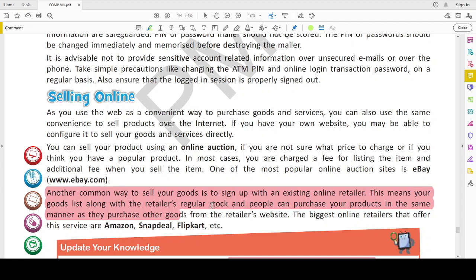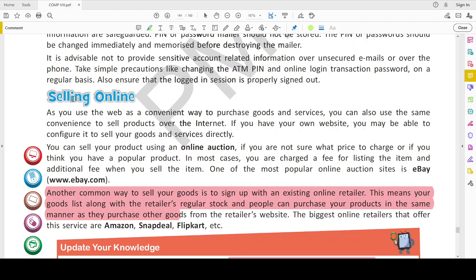So when you register yourself as a seller, they will enlist your product, and you can participate in the selling of the product. You can sell your product through their website and they will charge you some fees for showcasing your product.